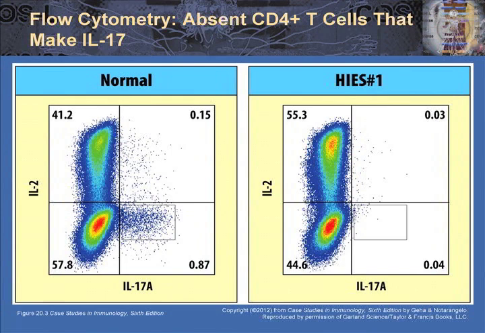What you see in the lower right-hand corner of the normal flow cytometry on the left is a proportion of CD4 positive T cells that co-stain for the cytokine interleukin 17. You see on the right side of the slide that this subset of T cells is completely absent, and this is the important immunologic defect in hyper-IgE syndrome, the absence of CD4 positive cells that make IL-17, which defines a Th17 subset.